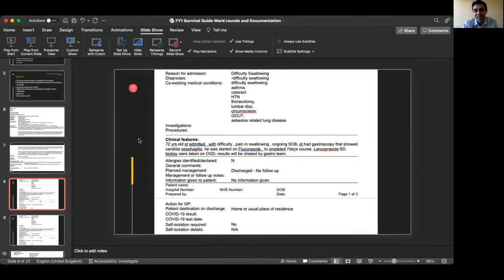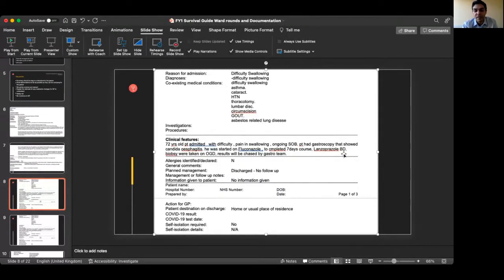Yeah. So patient had gastroscopy that showed esophagitis. He was started on fluconazole. So they've listed any medication this patient was started on and the management plan. To complete 7 days course. Again, there's grammatical mistakes. Lansoprazole BD. Patient doesn't know what BD means.